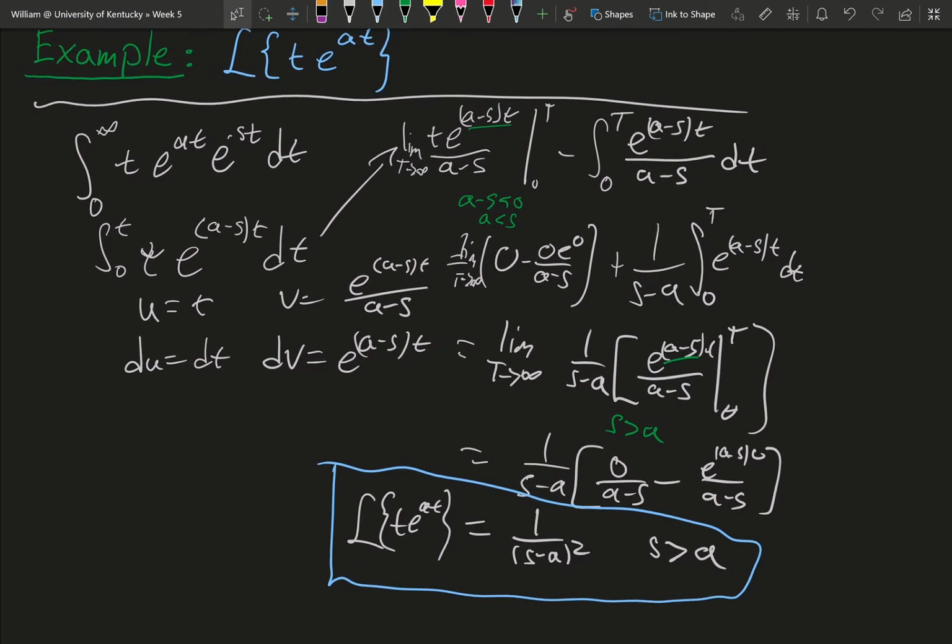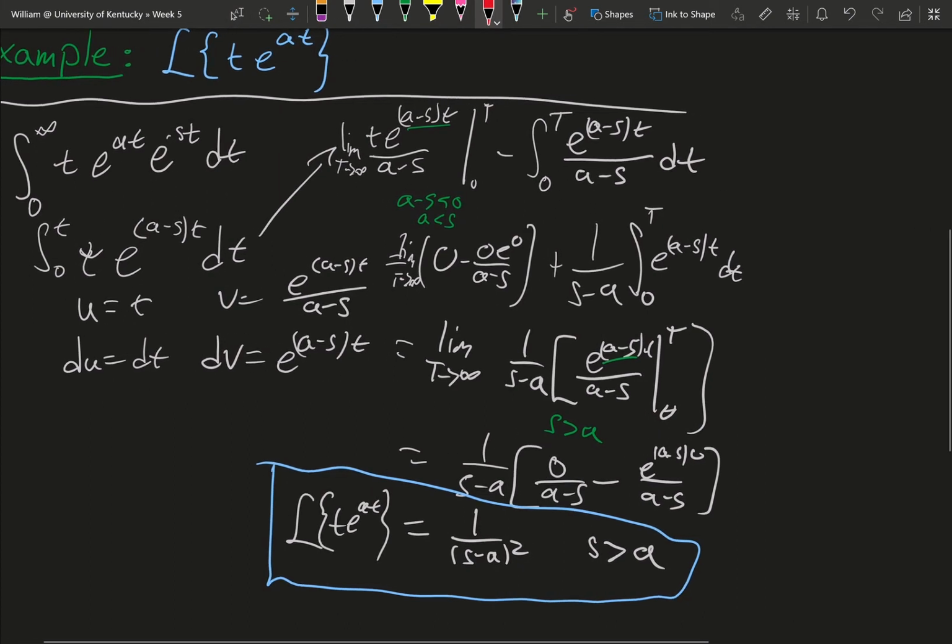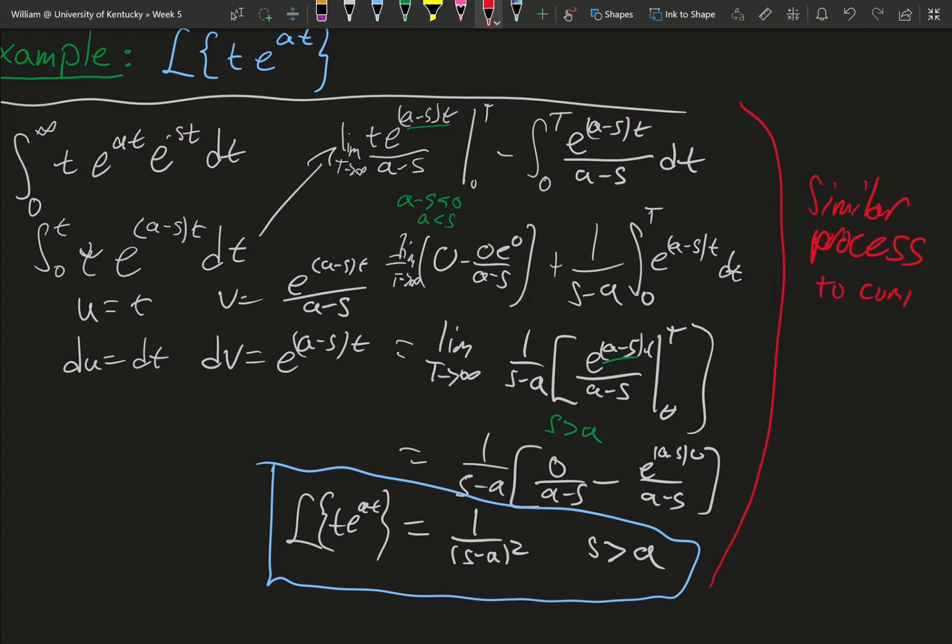And you may notice that this was a very similar process to when we computed the Laplace transform of just t.